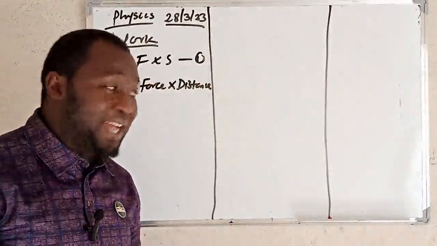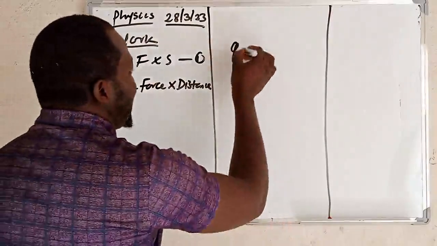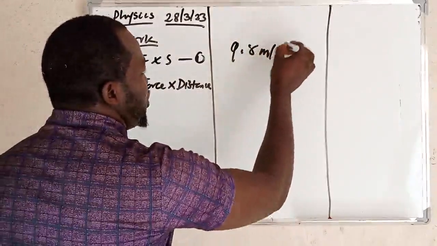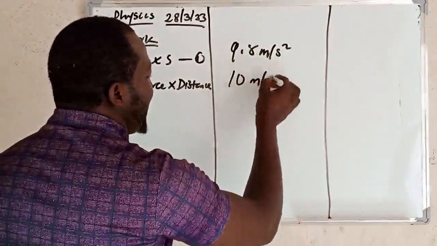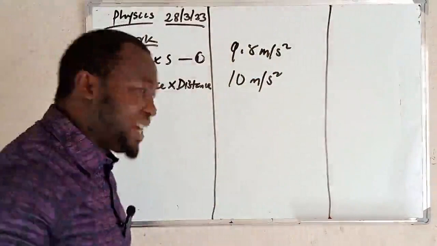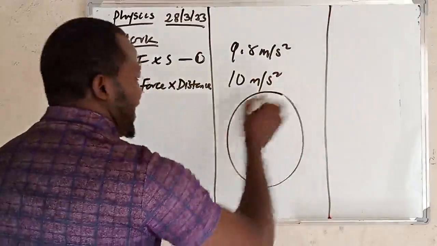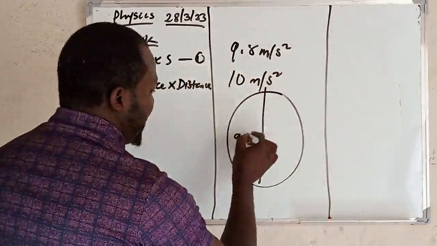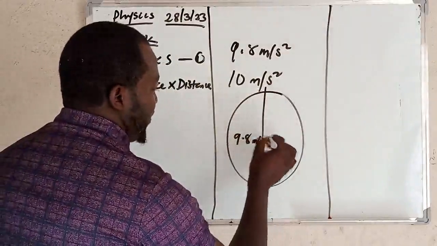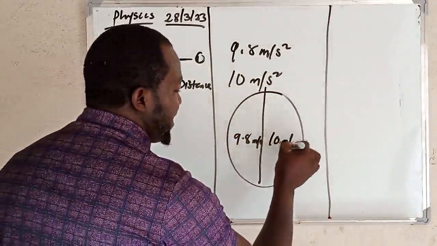But the gravity of the earth is up to 9.8 meters per second squared, or 10 meters per second squared. At the equator, some parts of the world have 9.8 meters per second squared, and some parts have 10 meters per second squared.